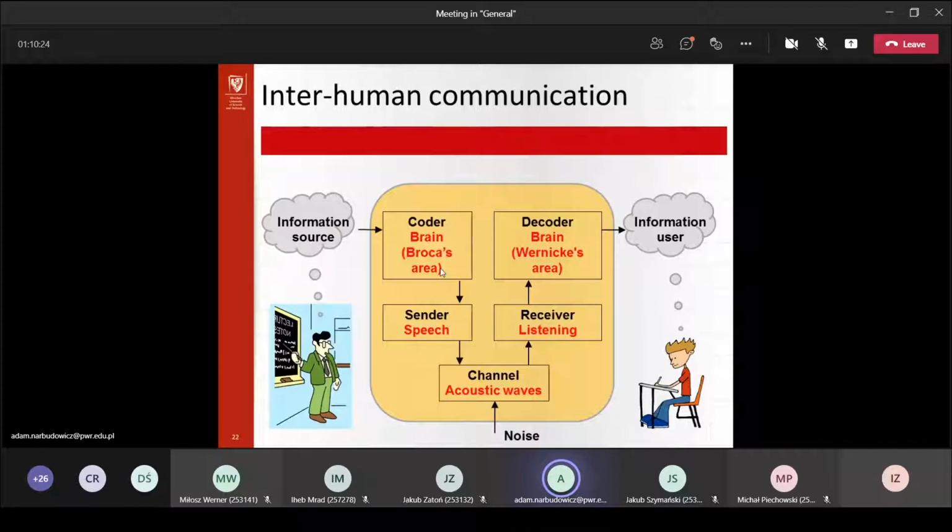So I put in my head some words, how I can explain that to you in the best possible way, okay? Then this information is executed, right? So I use speech, I put my mouth and other parts into motion to generate sound waves and transmit this information. And okay, then we have a channel, which is acoustic waves.